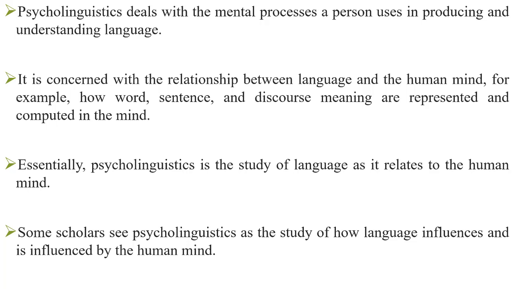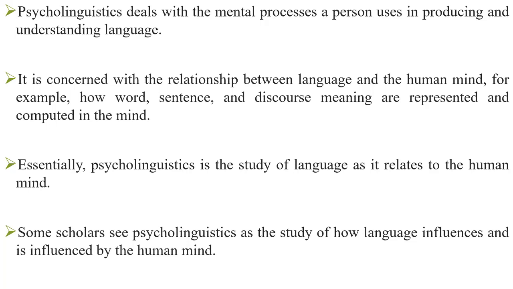So psycholinguistics deals with mental processes a person uses in producing and understanding language. So the mental processes that are involved in language comprehension and language production. It is concerned with the relationship between language and the human mind.